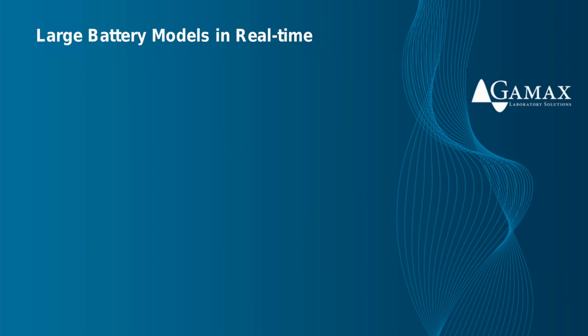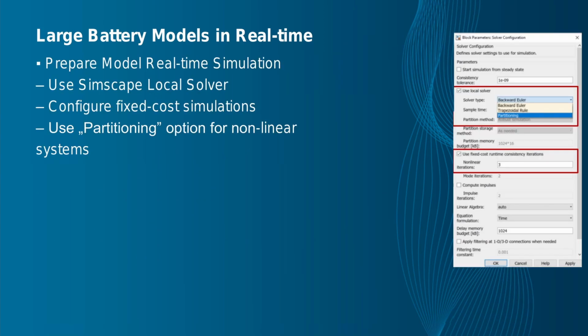The first step of going from desktop simulation to real-time testing is selecting the right fixed-step solver for our Simscape network. We must use a fixed-step solver that provides robust performance and delivers accurate results at a step size large enough to permit real-time simulation.